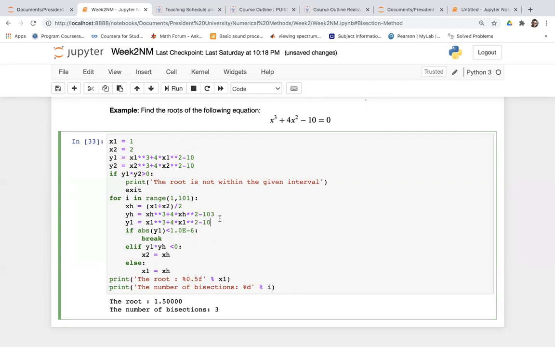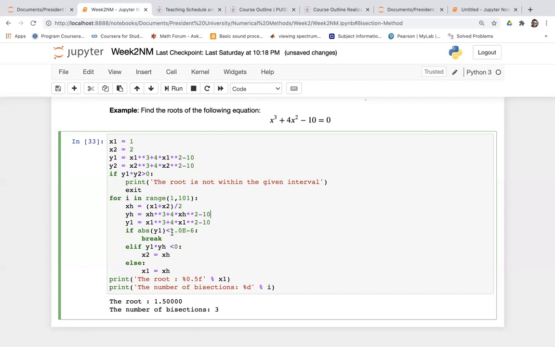Okay, now check if the absolute value of y1 is less than 1 minus 6.